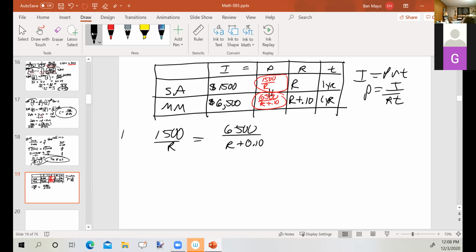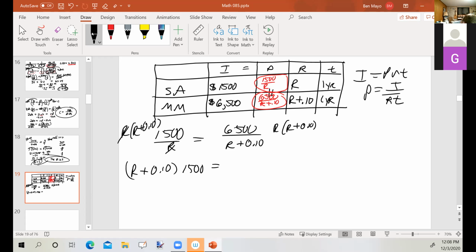I'll multiply both sides times R and R plus 0.10. On the left, the R's go and we have R plus 0.10 times 1,500.